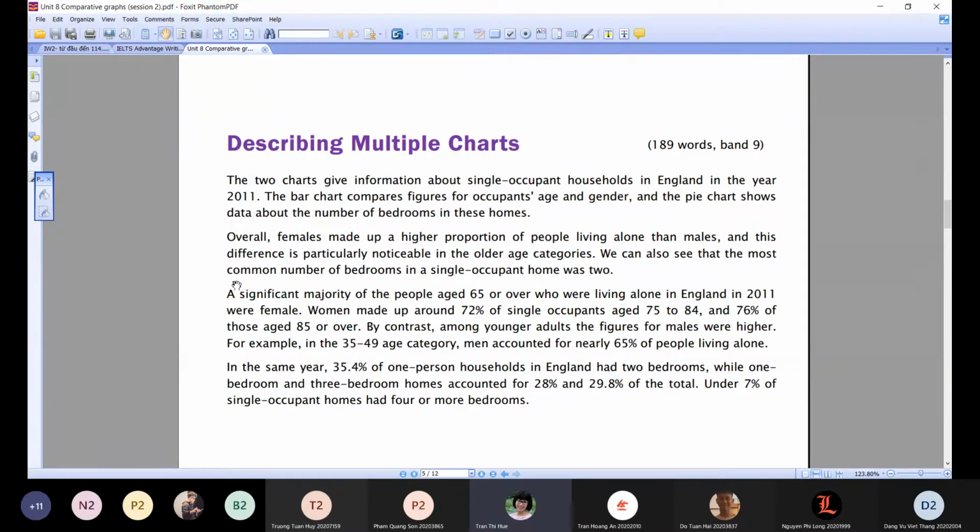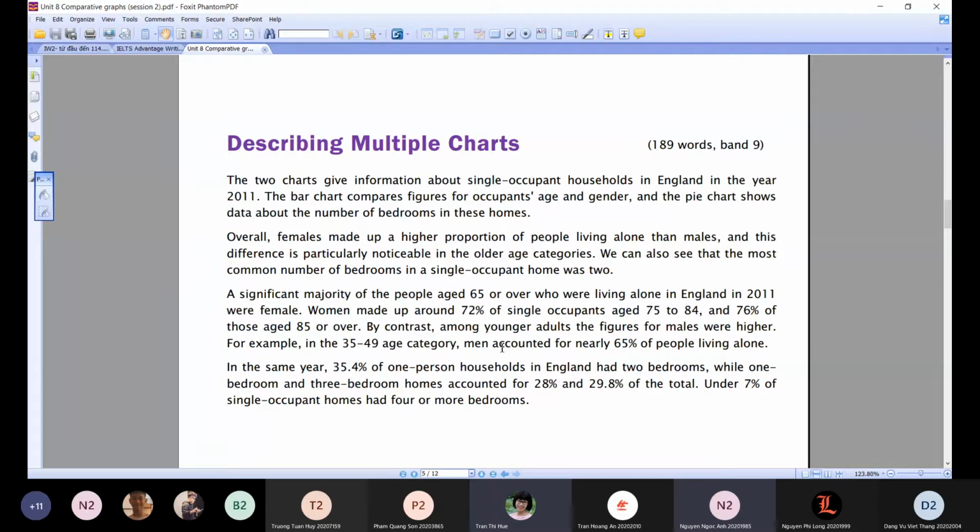Now let's move on to the third paragraph, and I want to hear from Ngọc Anh. Ngọc Anh, what is the third paragraph about? The third paragraph is about the significant majority of people aged 65 and over, older people living alone in England.